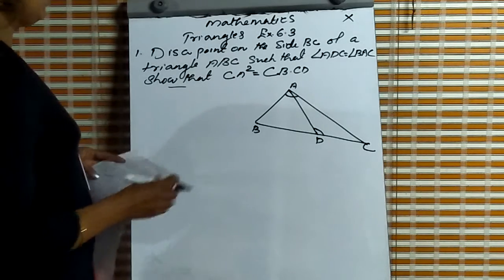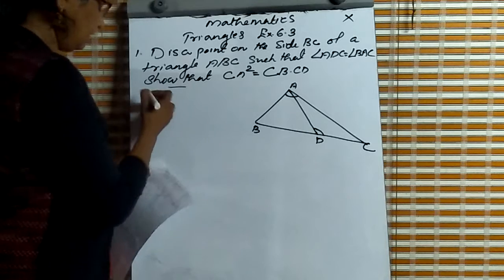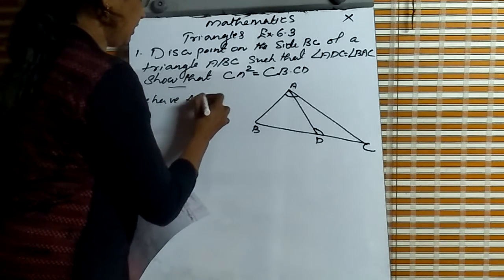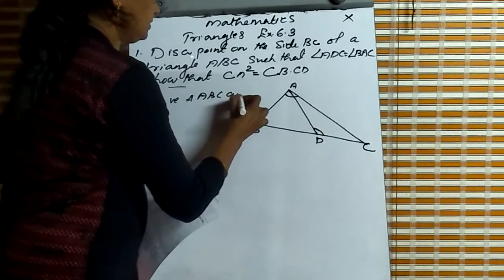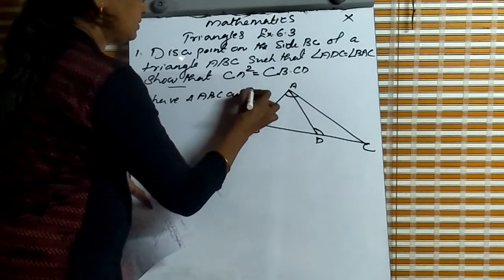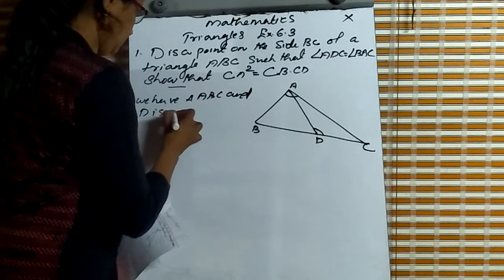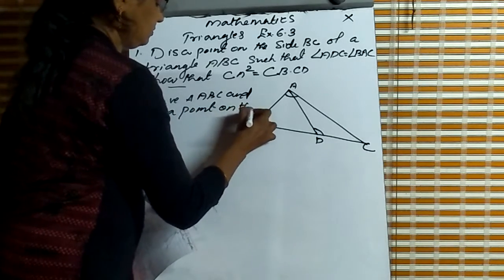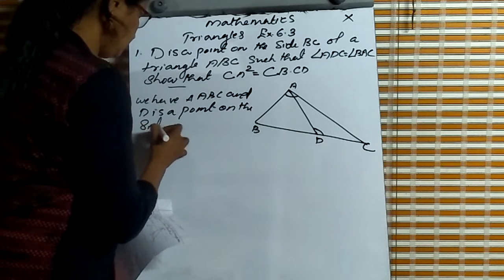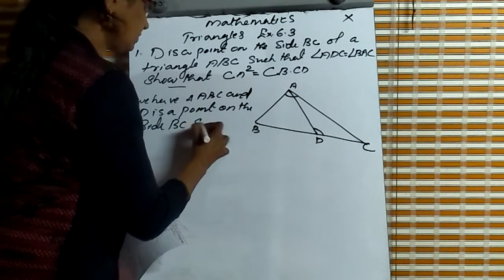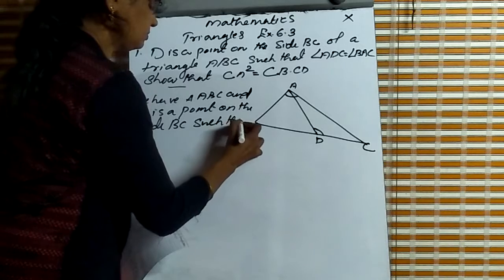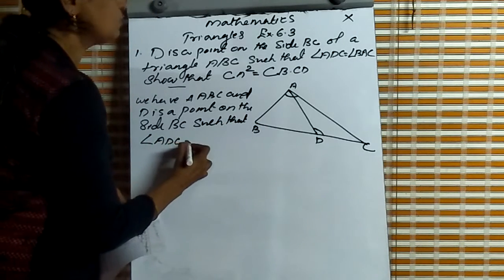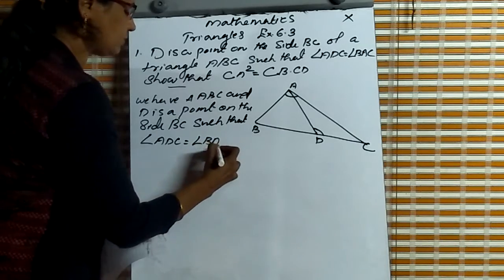For that, what we have given here, we have triangle ABC and D is a point on the side BC such that angle ADC is equal to angle BAC.